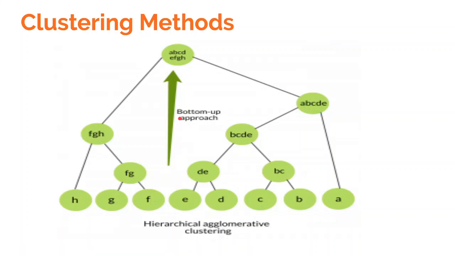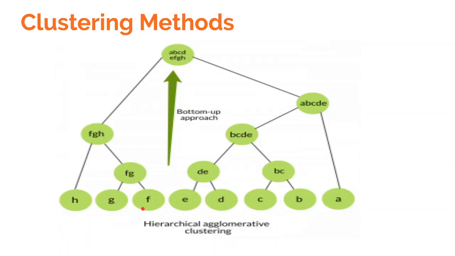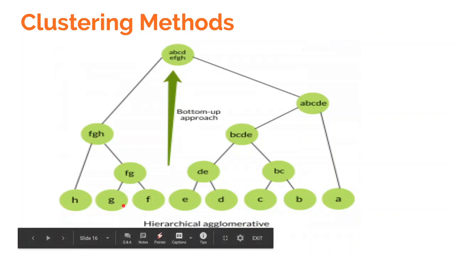Since it is considered a bottom-up approach, here at the bottom different clusters are put together. These clusters are H, G, F, E, D, C, B and A. Now, with the help of bottom-up approach, we will merge G and F, these two clusters, into one cluster, that is FG.